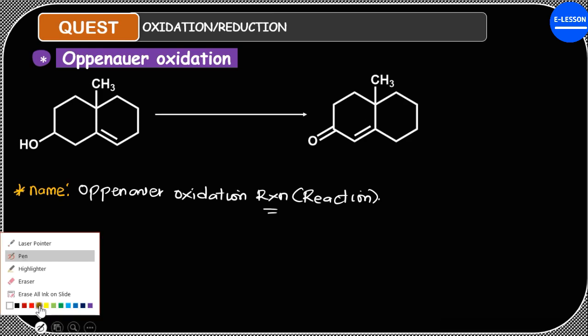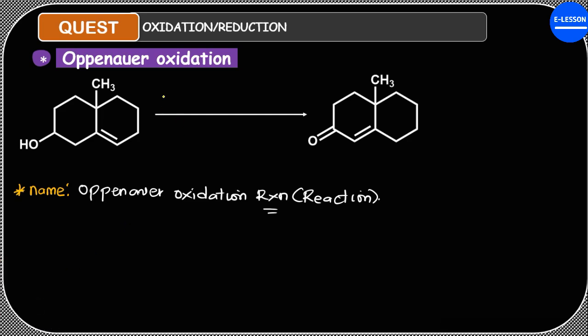The oxidizing agents that are used are aluminium alkoxides, let's say aluminium butoxide in this case, or isopropoxide, in acetone.